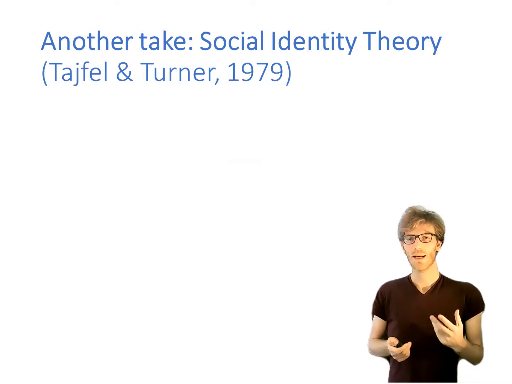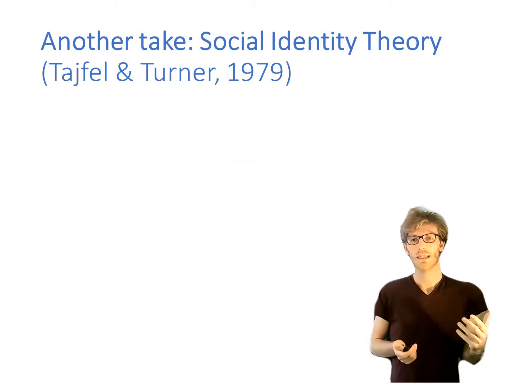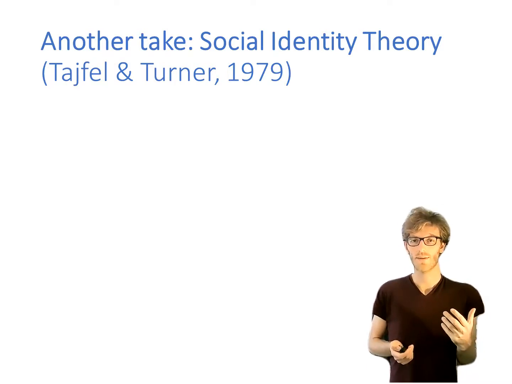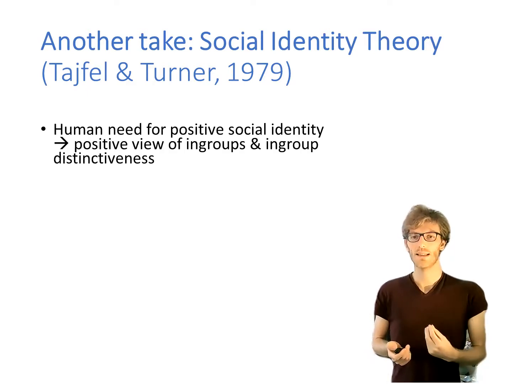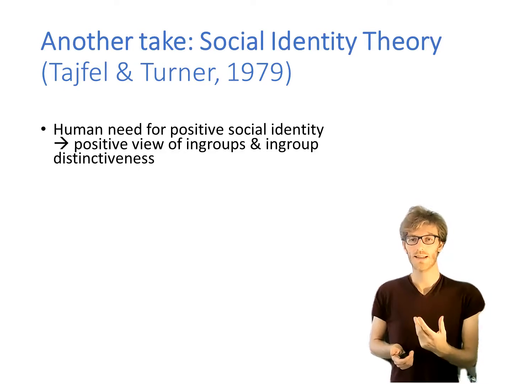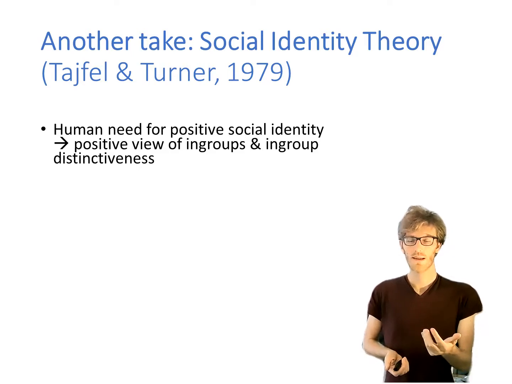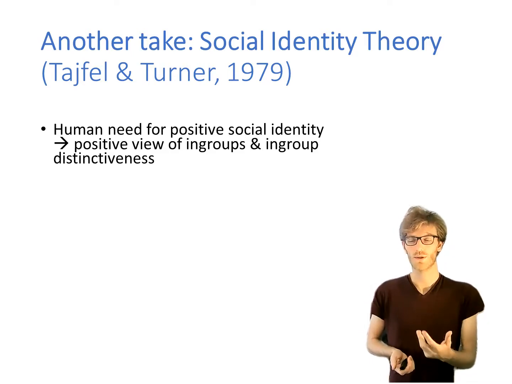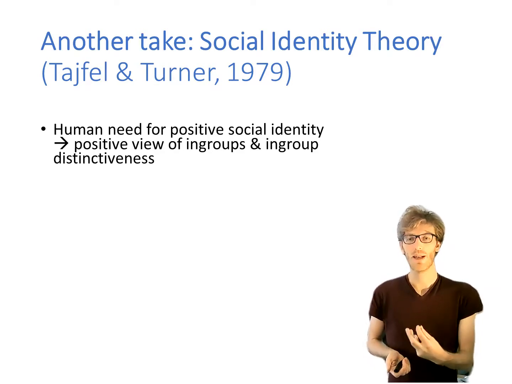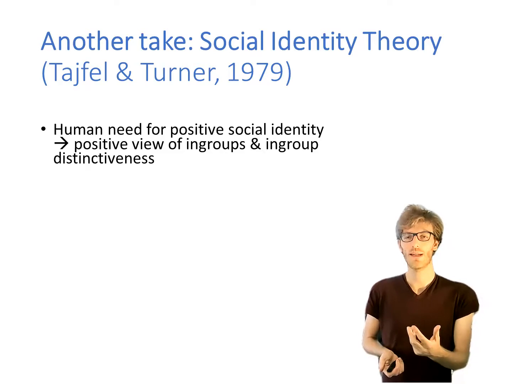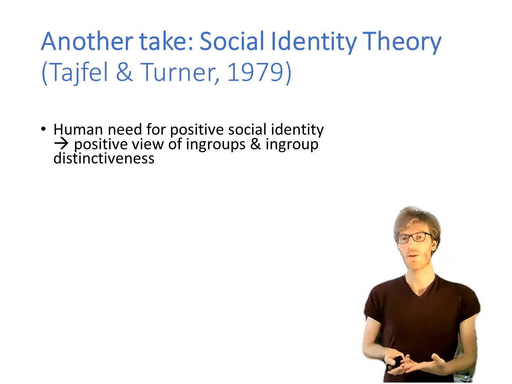And the main idea behind social identity theory, which links back to what we talked about in terms of the social construction of the self, is that it's a fundamental human need to have a positive social identity, which means to belong to social groups and to have a positive view of those groups, and to imbue that belonging with meaning. And the way we do that is by developing a belief that our group is distinct from other groups.